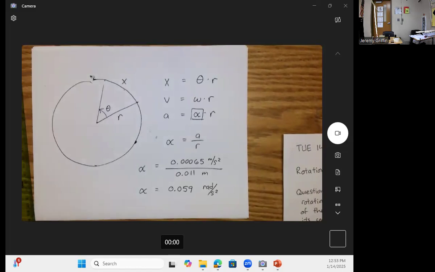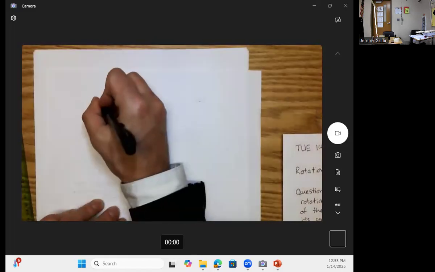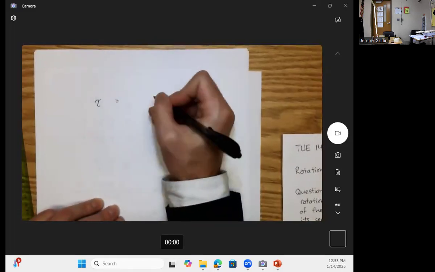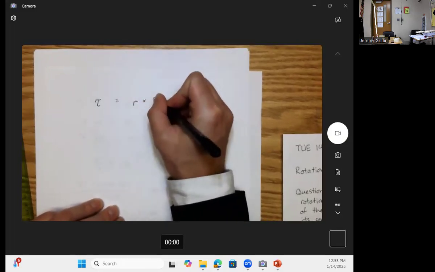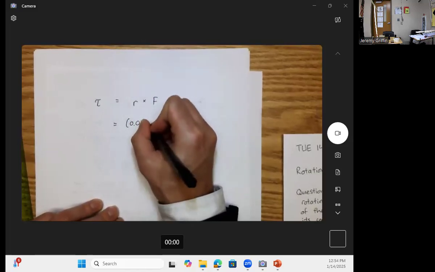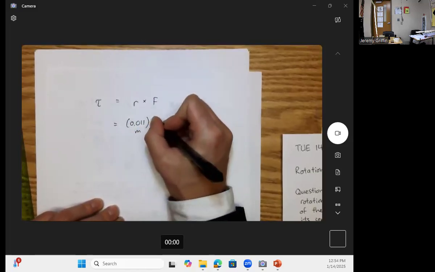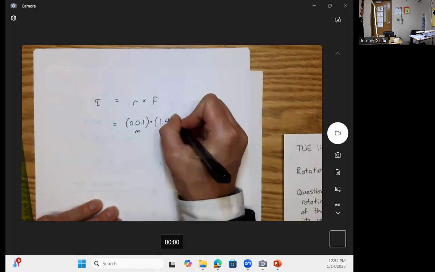And one more cell in this row. What is the torque? Guys, torque is what cross what? r cross F. I got the radial size of 0.011 meters, and then multiply by the tension force, which is 1.47 newtons.